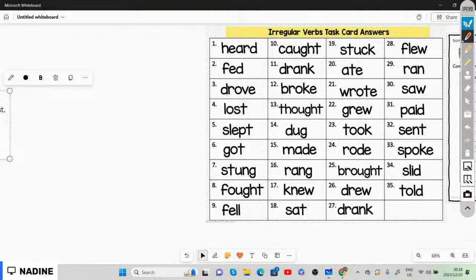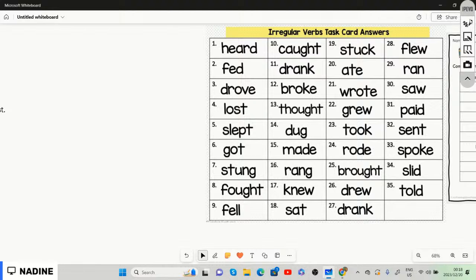So, heard. If we look at that word heard, right? The present tense form of heard is hear. So heard, I'm going to put number one.